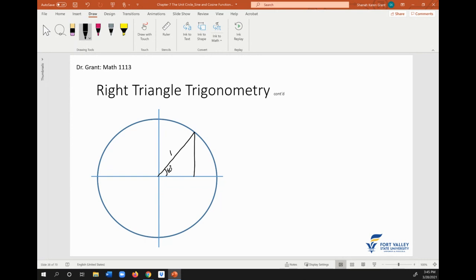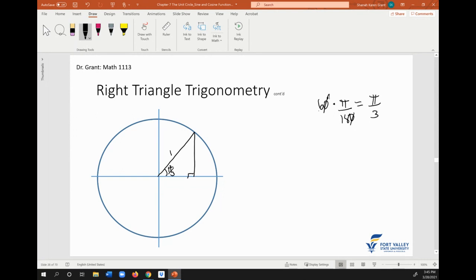And recall that 60 degrees, if we wanted to change it to radians, because that's what we're really going to be looking at, we do pi over 180. This is going to be pi over 3.